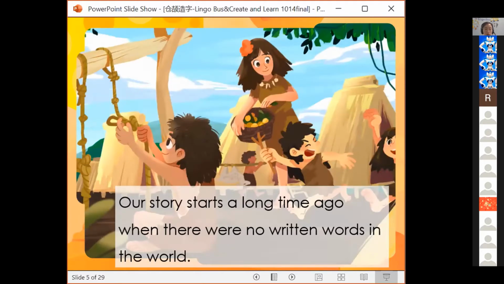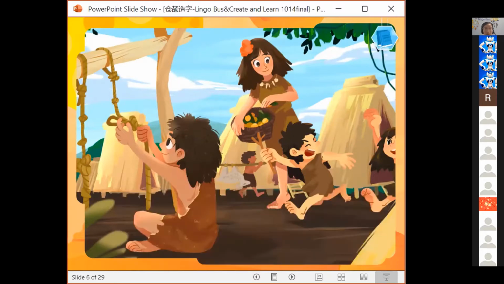Our story starts a long time ago when there were no written words in the world. Guys, let's look at this picture and look at what people wore and what they ate. Could you please tell me what's the difference between their lives and our lives today?